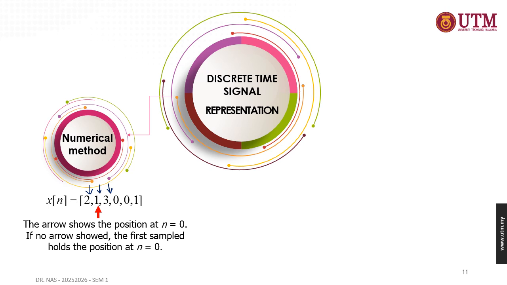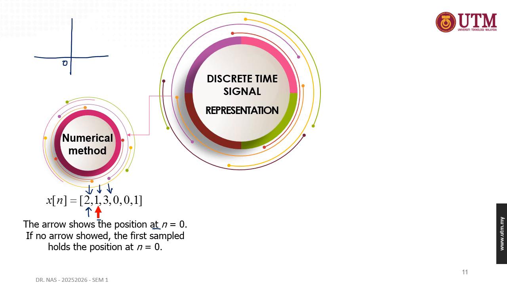All right, so if there's an arrow, the arrow basically represents the n equal to 0 position. But if there's no arrow shown, you can assume that the first one is the 0 position. So what is the 0 position? This is your axis, so this is 0.